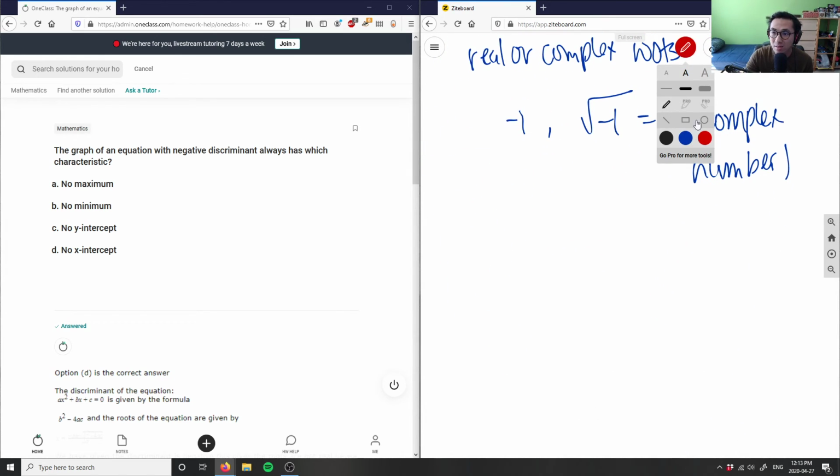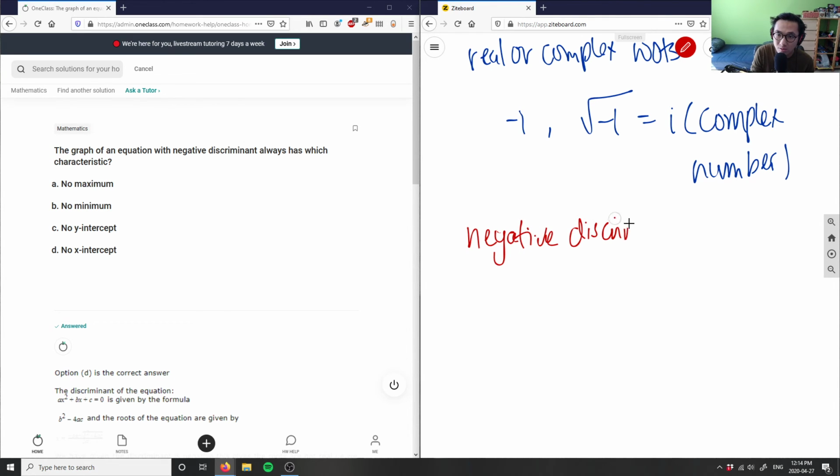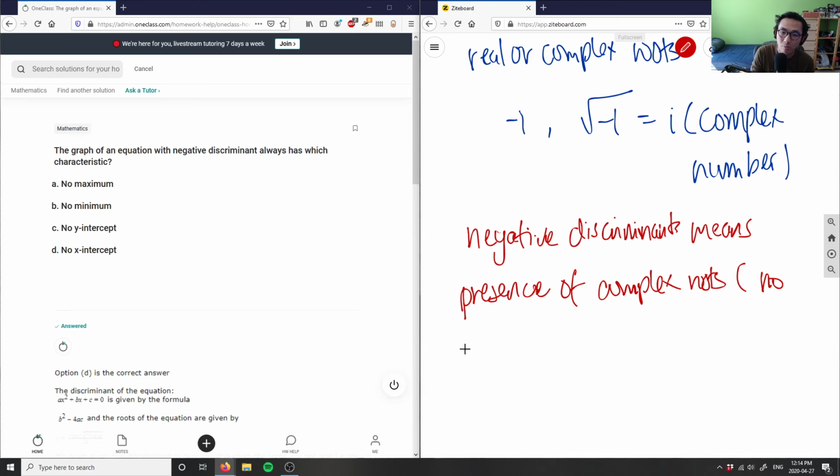So you can say that in this case, option D is the correct answer, because negative discriminants mean the presence of complex roots. Which means there are no real roots.